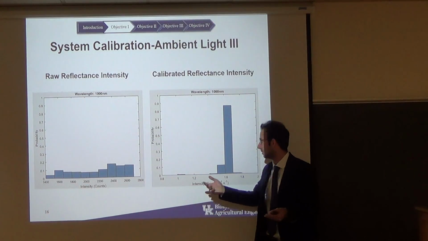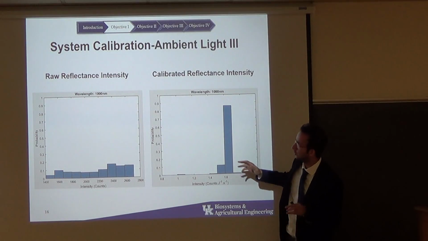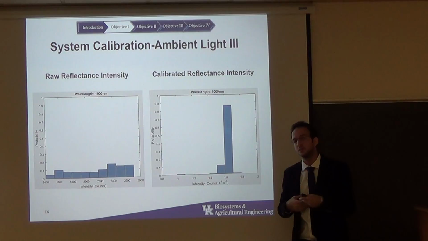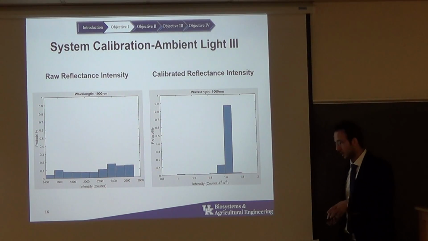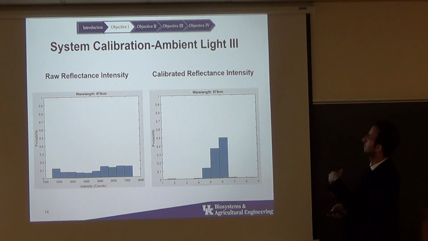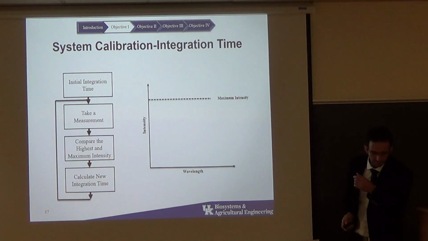But it's not the ideal case. The ideal case is this one, and after calibration, 90% we are sure that we are getting the same spectrum during the different times of the eclipse. The same thing happens in all wavelengths.